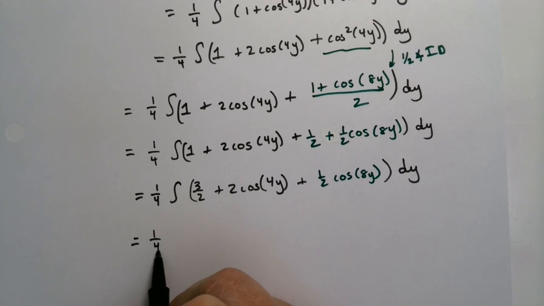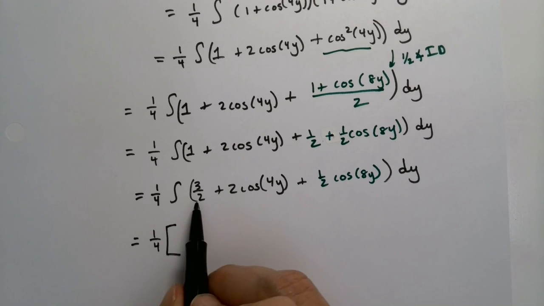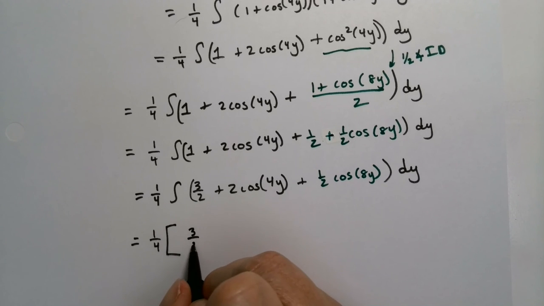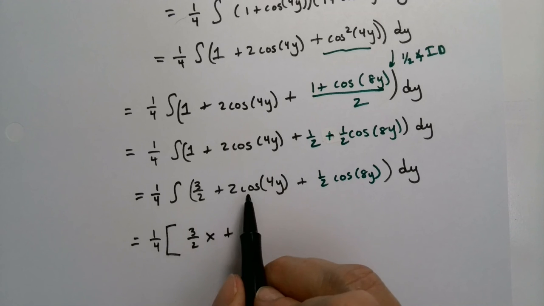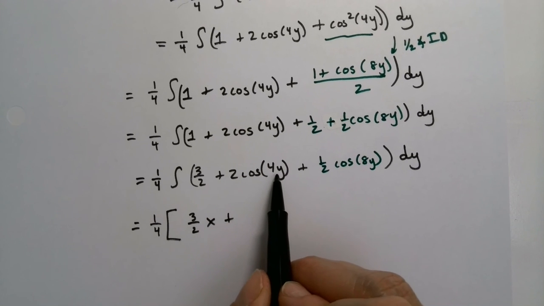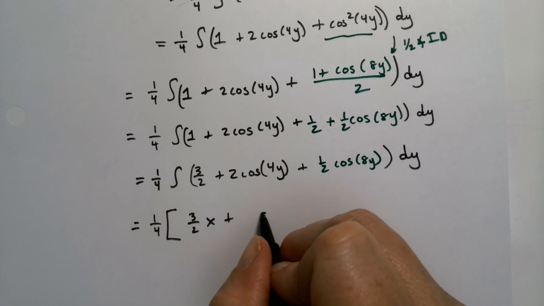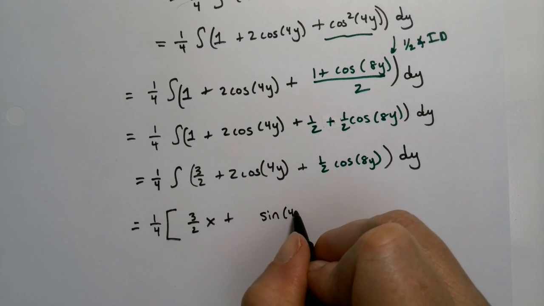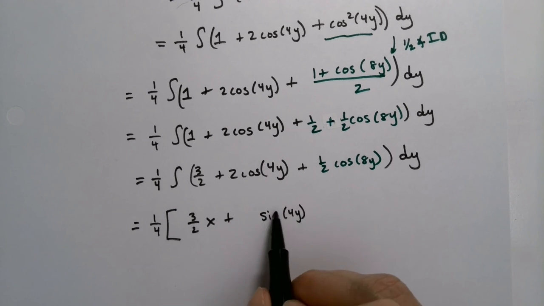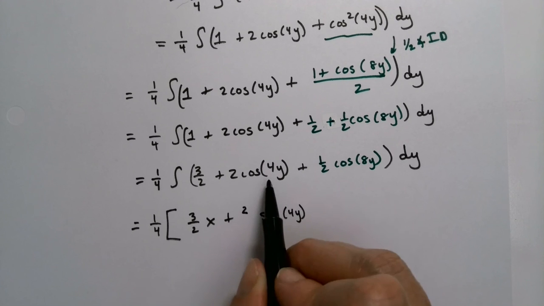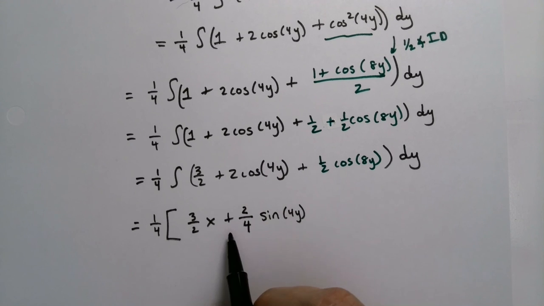Okay, 1/4 out in front. And then the integral of 3 halves would be 3 halves y plus. Now the integral of 2 cosine of 4y, remember the integral of cosine is sine. So it'd be sine of 4y. And then we need a 2 out there because it was already there, but we need to divide by 4 in order to make that work, right?